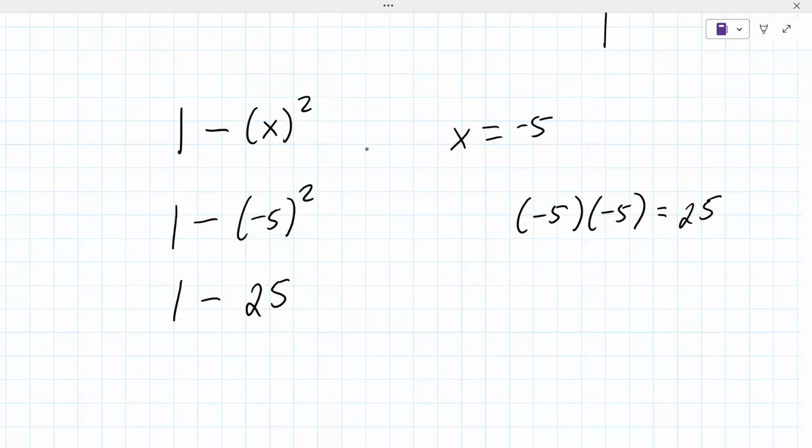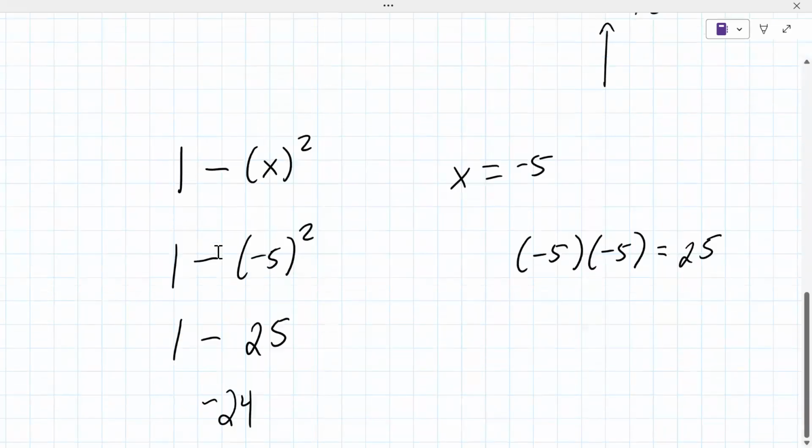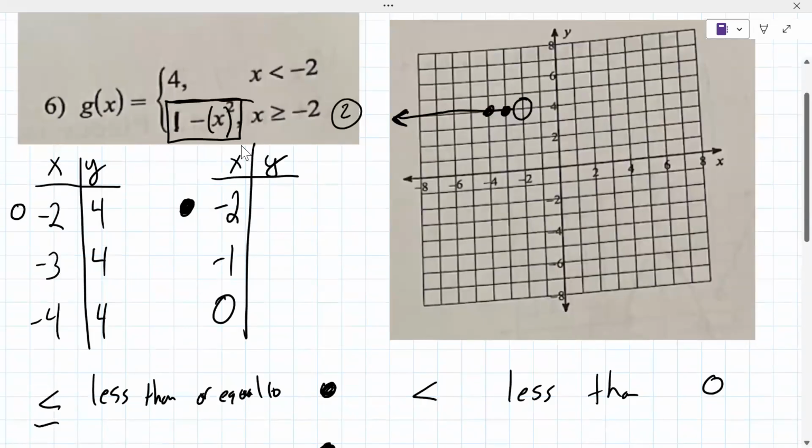What is 1 minus 25? -24. Okay. What I'm asking you to do is the same, just with a different number. I was thinking that whenever I do the square for -5, there was like a negative times a positive like that. So go ahead and do -2 and let me know what you come up with.